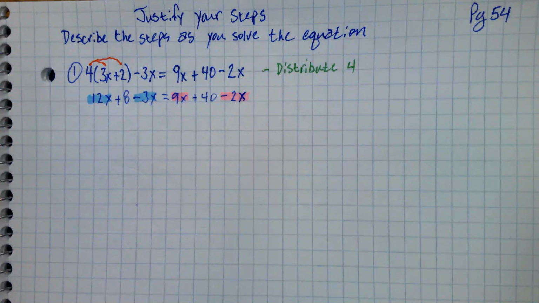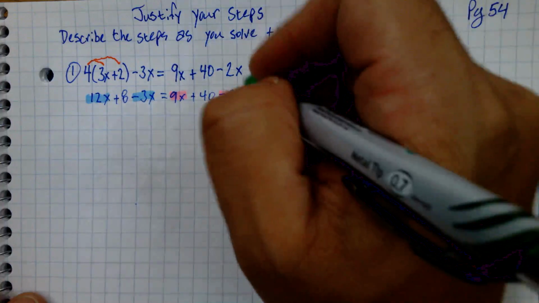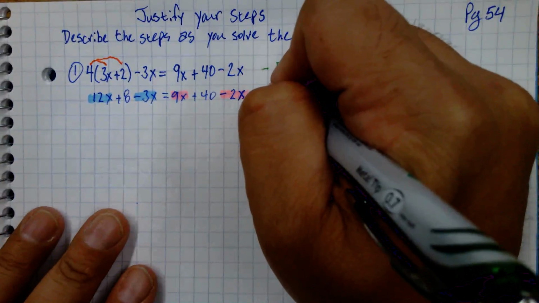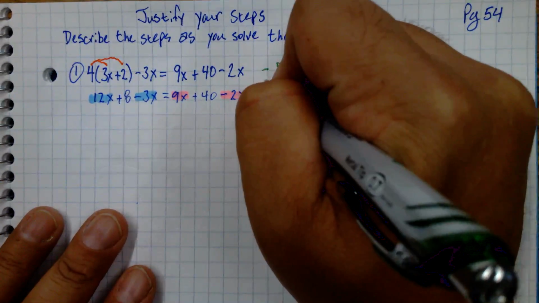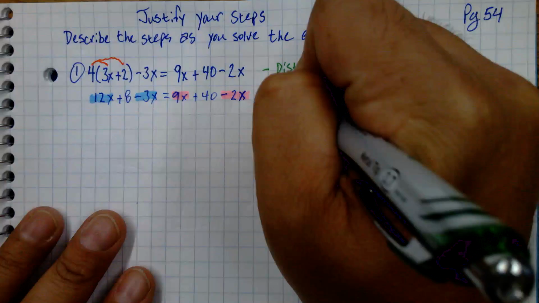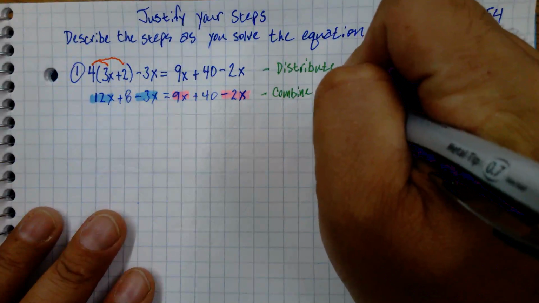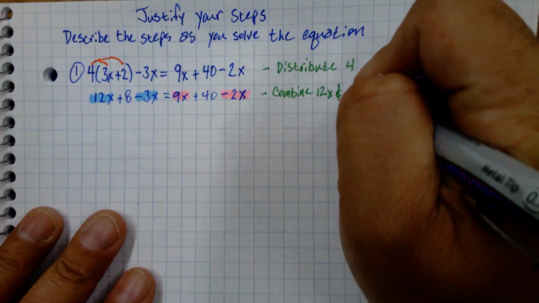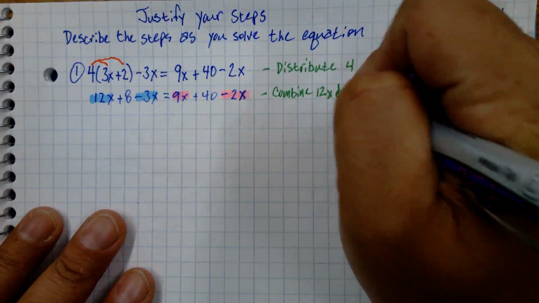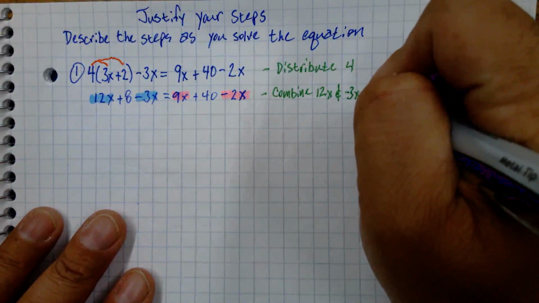So let's write that down, though. Combine 12x and negative 3x on the left.